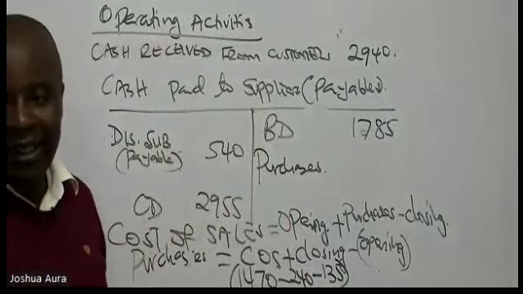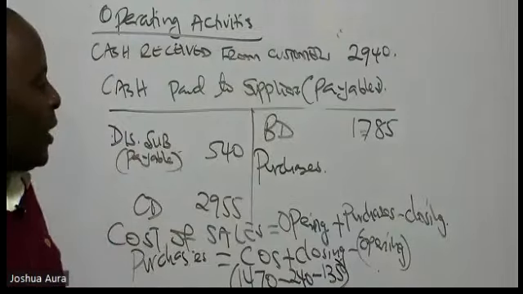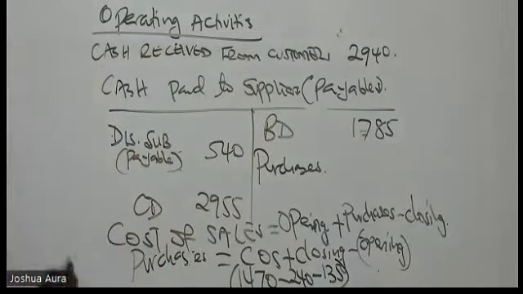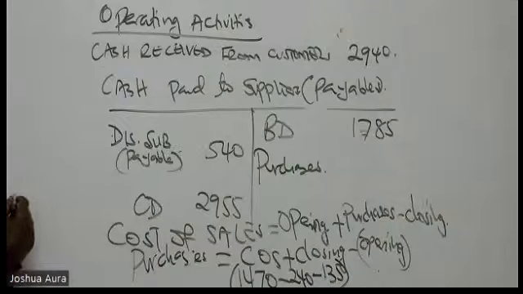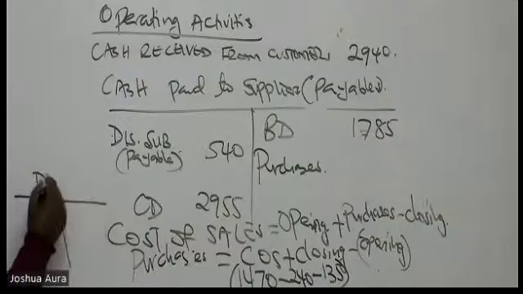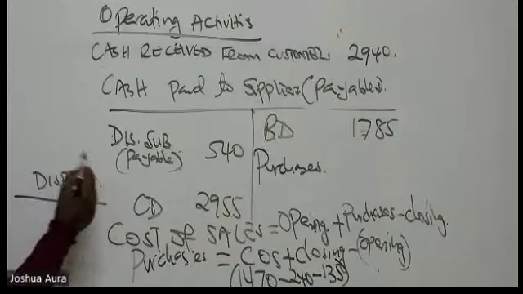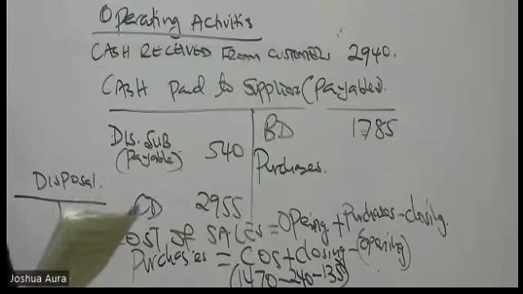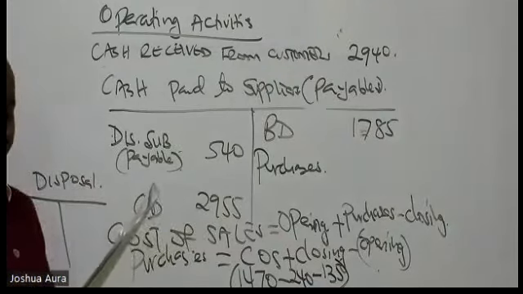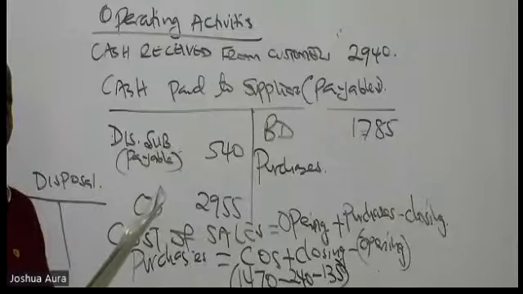Jackie tells me that the loss which was expensed here is 135. However, in the interest of the students who have just joined us, let me do a small disposals account. They're telling us an item of property, plant, and equipment whose carrying value was 885 was disposed.